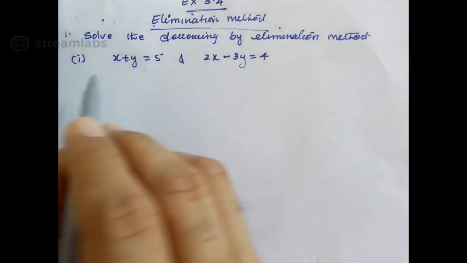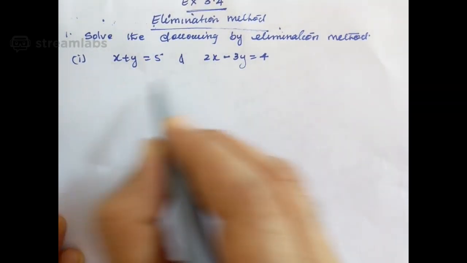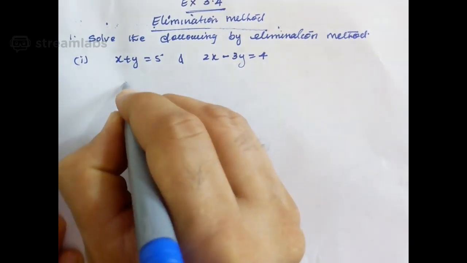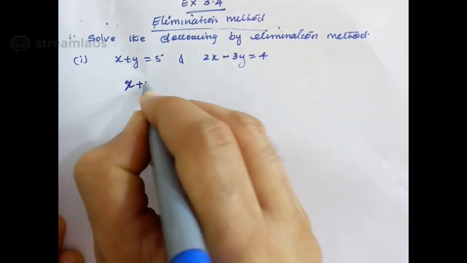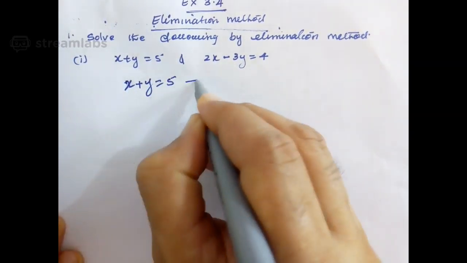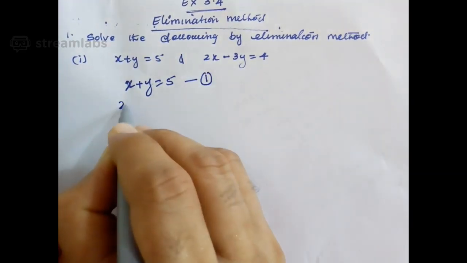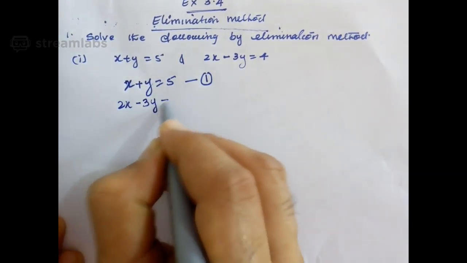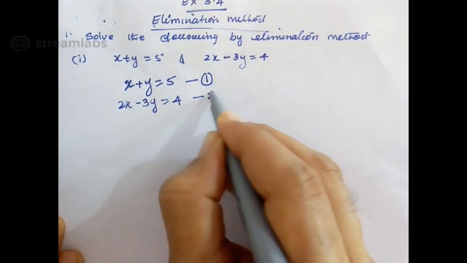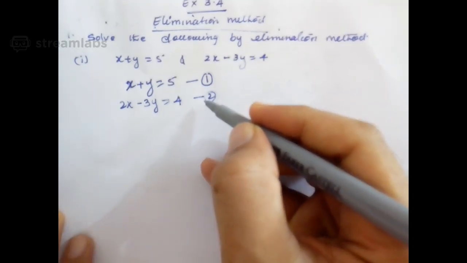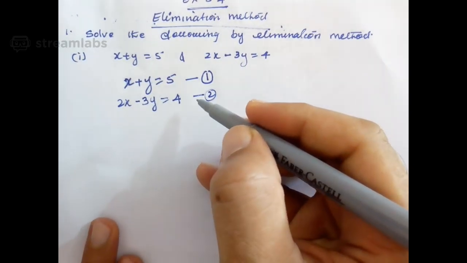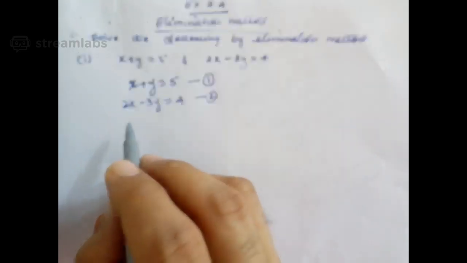Let us see with this example: x plus y is equal to 5, equation number 1, and 2x minus 3y is equal to 4, equation number 2. Now let us see how to solve the pair of linear equations by elimination method.